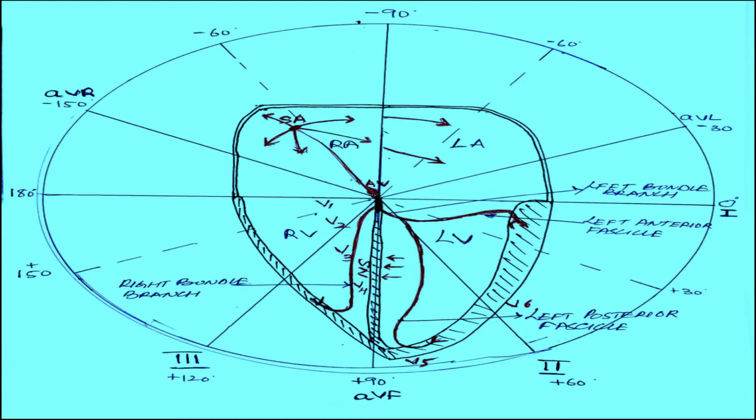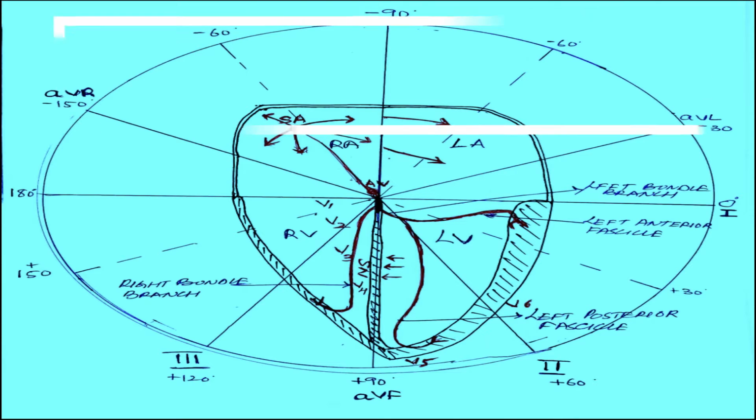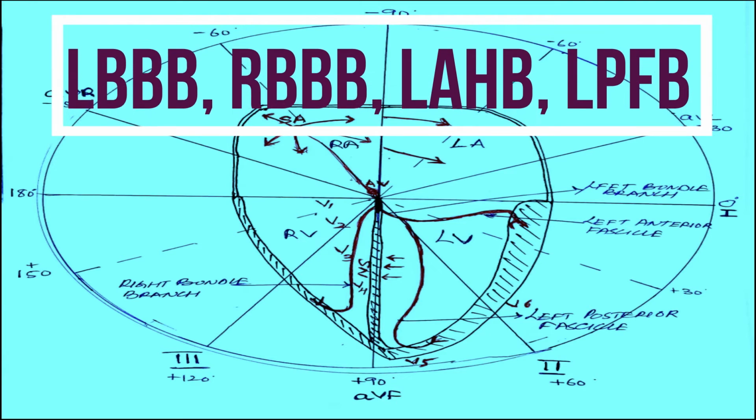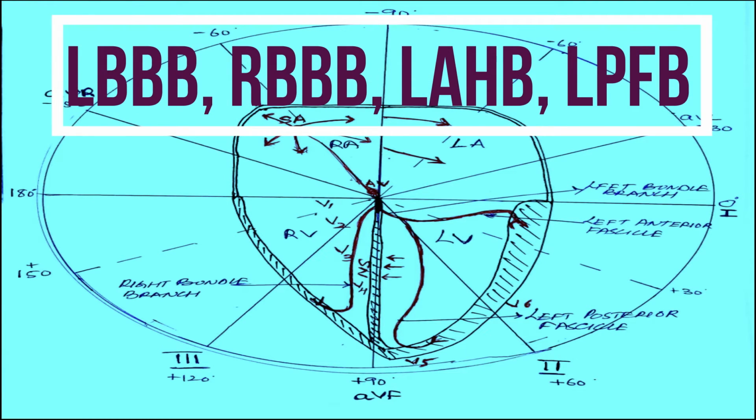The short form for left bundle branch block is LBBB, and for right bundle branch block, RBBB. Left anterior fascicular block is LAFB, and left posterior fascicular block is LPFB.